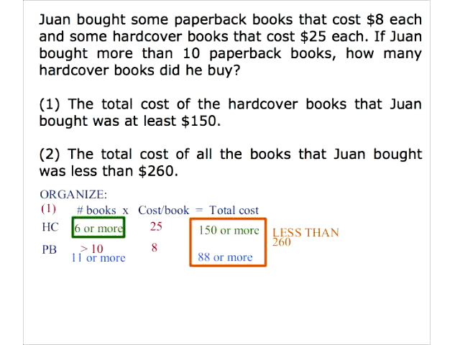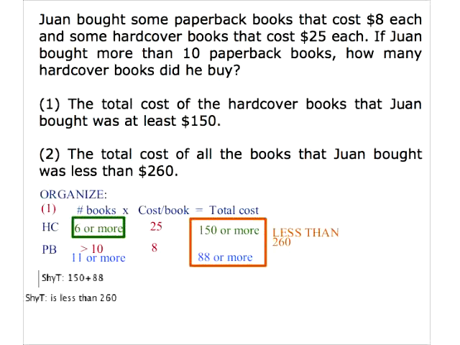Yeah, we can't just do 150 plus 88, because that's just doing kind of random algebra, and it doesn't really take into account the fact that these are whole numbers. Well, okay, let's take a look at these and talk about this. Here's one student's comment: $150 plus 88 is less than 260.